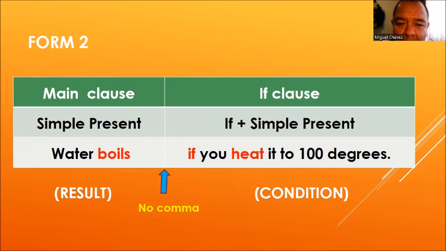If we do it in this way, we don't need the comma. We write it as a whole sentence. Water boils if you heat it to 100 degrees. First, we mention the result and then the condition that establishes that result.